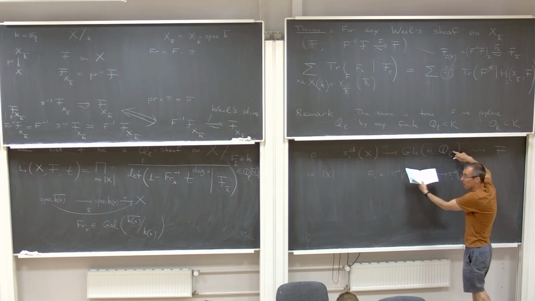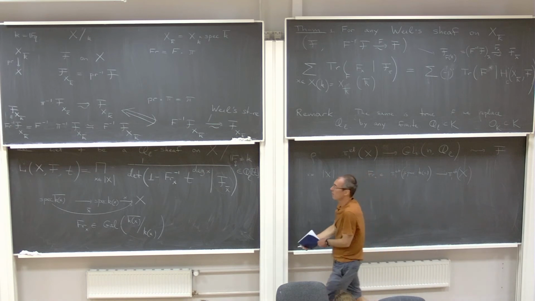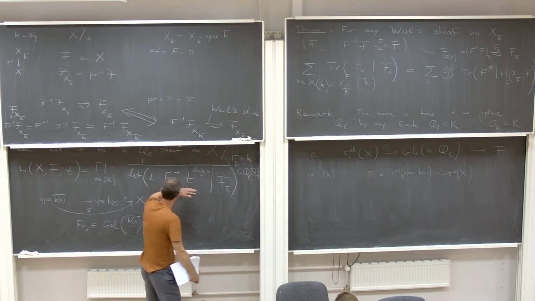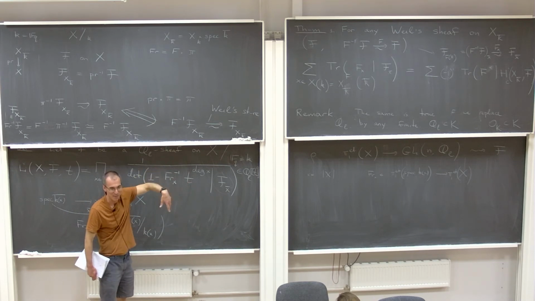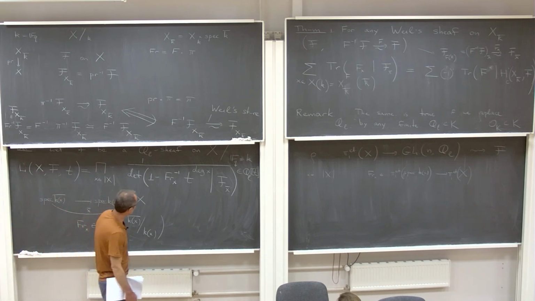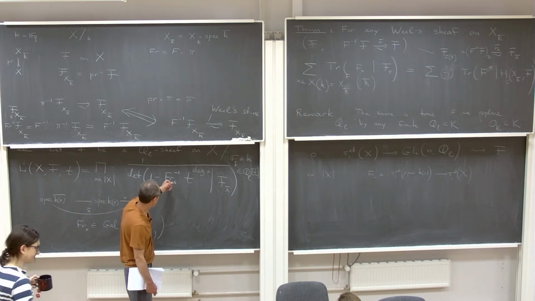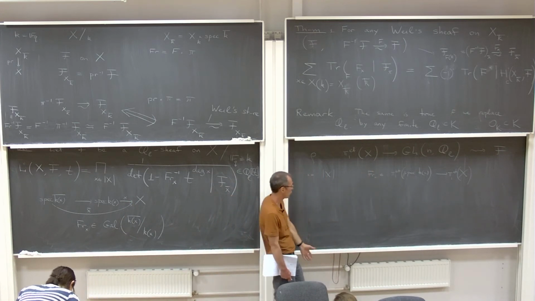You take the character of this representation, evaluate it. Oh, so sorry, not the character. I'd rather take the characteristic polynomial as opposed to the character. So it's characters of powers of this element, right? Of course, this characteristic polynomial does not change if you replace a matrix by its conjugate.